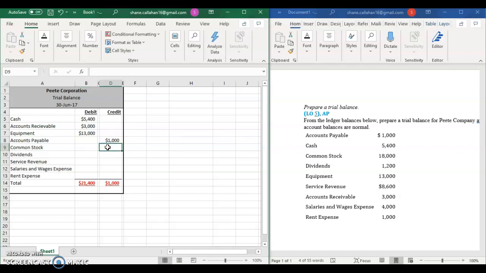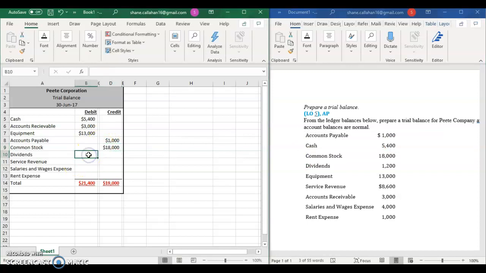The next section would be stockholders' equity, and that is common stock and retained earnings. The only account balance from those two that we see is common stock, which is worth $18,000.